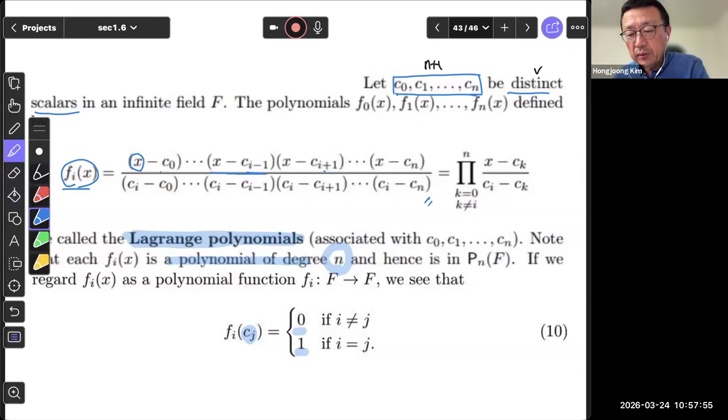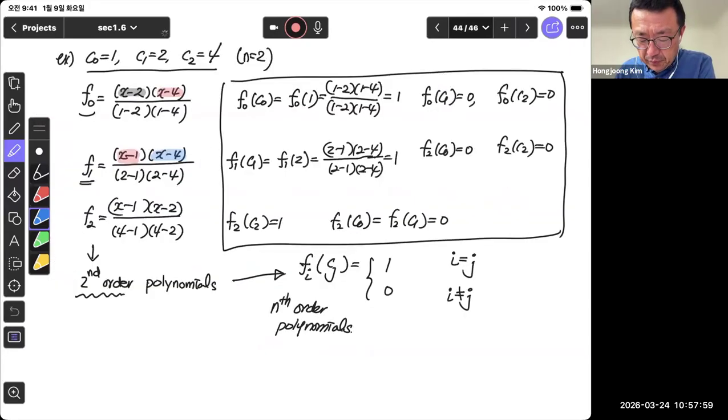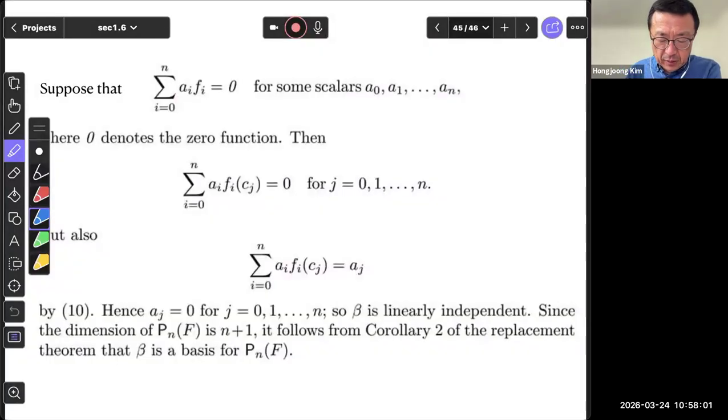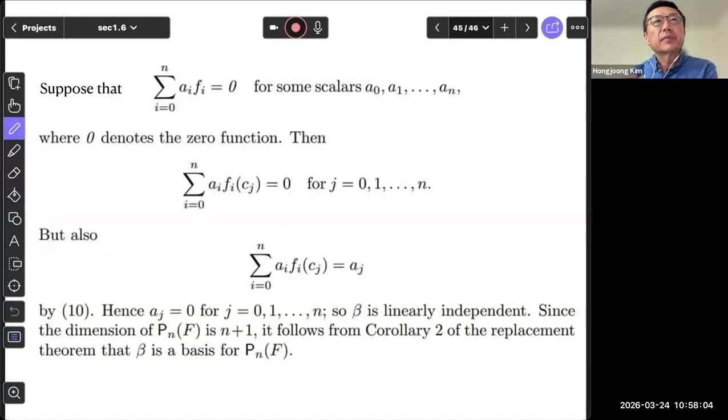So it is a polynomial. Suppose that their linear combination is 0, for some numbers. So suppose that this linear combination of these functions is 0.